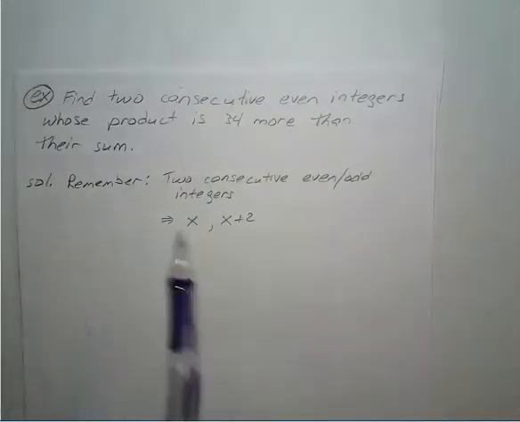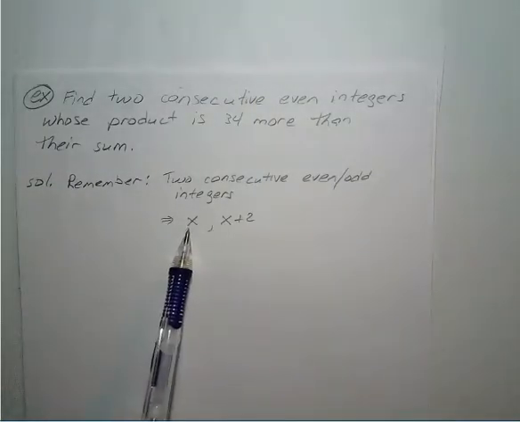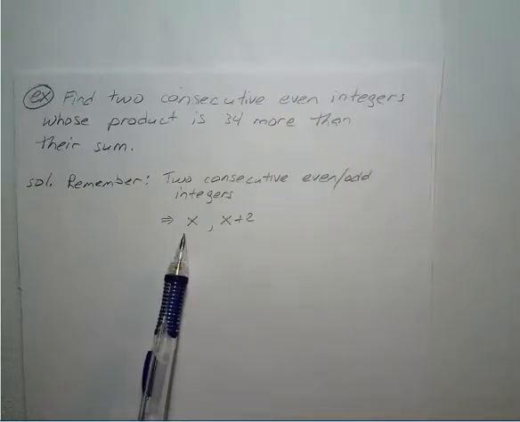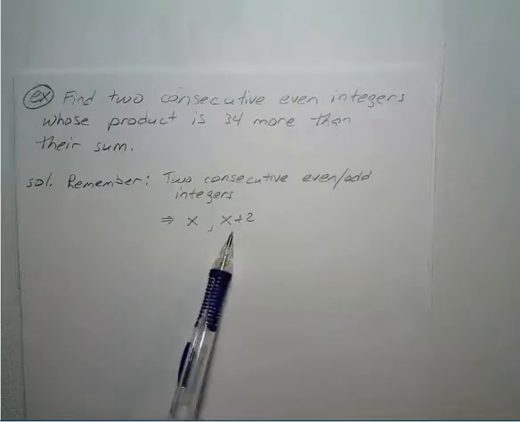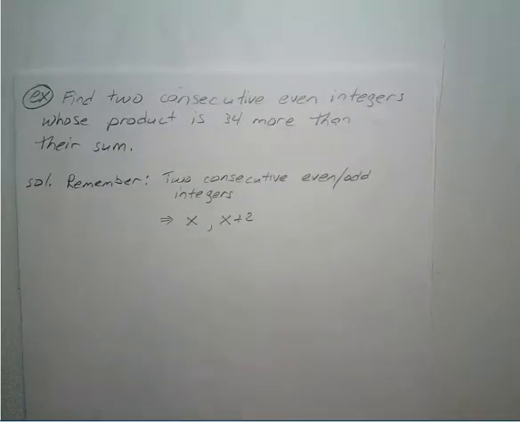Just imagine if you had an even integer 4. 4 plus 2 would give you 6. So if you have an even integer 28, 28 plus 2 would give you 30. So you have 28 and 30, the two consecutive integers.